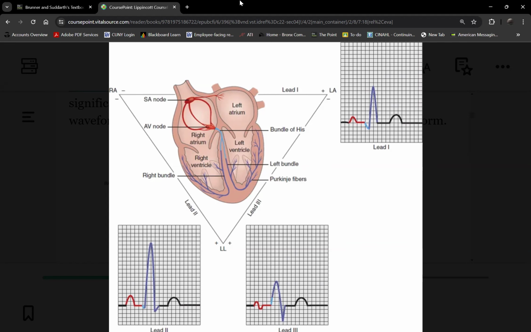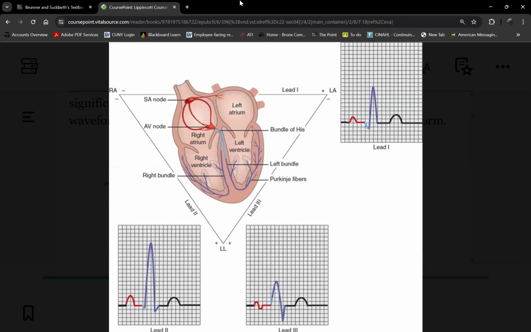No. And if it transmits the electrical impulse from the SA node to the AV node, then to the left and right bundle branches, all the way to the Purkinje fibers, what will happen? Will not the atria and the ventricles contract at the same time as a result? That's exactly what will happen.